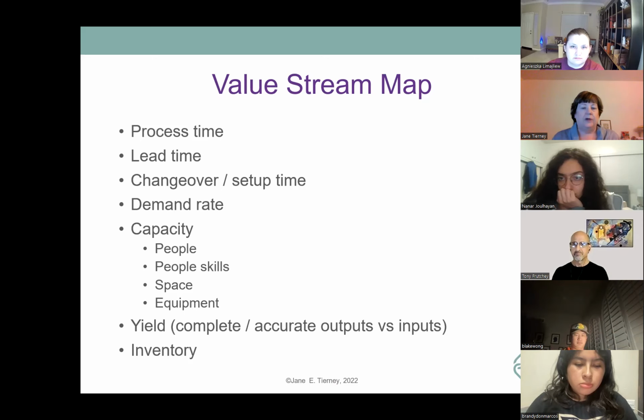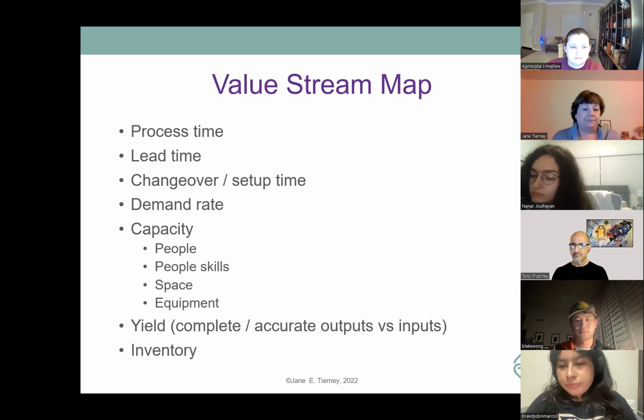What is the demand rate? How much do you feed them? What is the capacity? When you look at capacity, we're looking at people, the different people skills involved, the space and the equipment. So, if you're making something complex, this can be pretty complex, but if maybe you're paying bills, maybe you're processing invoices.